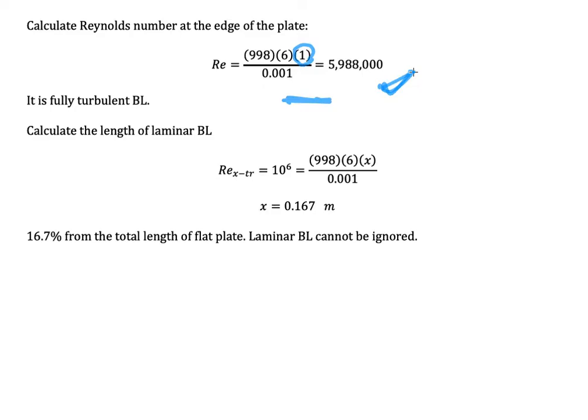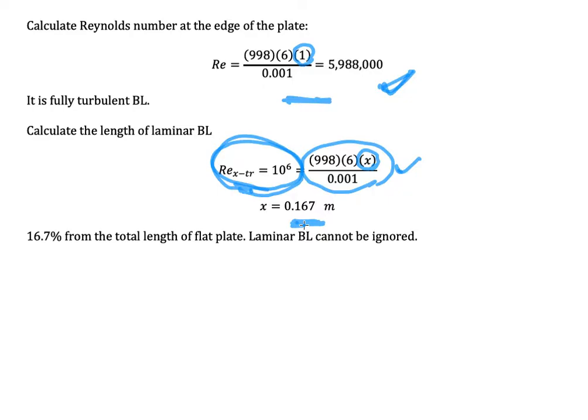Then we need to determine whether the laminar boundary layer needs to be counted or not. Because the transition Reynolds number is given in the question, we use it here and do a reverse calculation. This is the Reynolds number equation. We leave x as the unknown, and we find that the value of x is 0.167 meter.